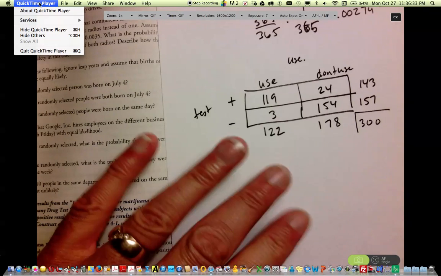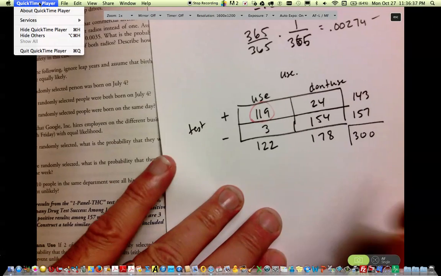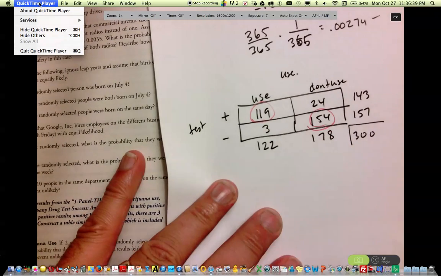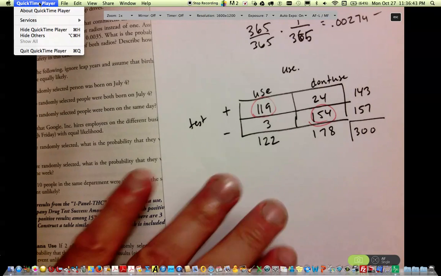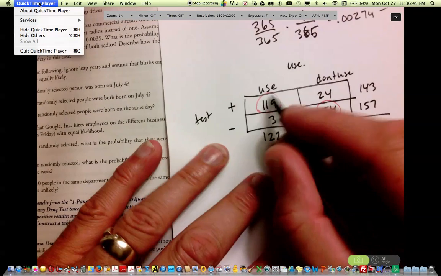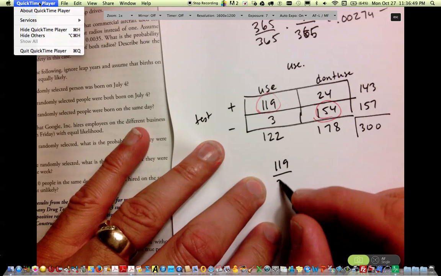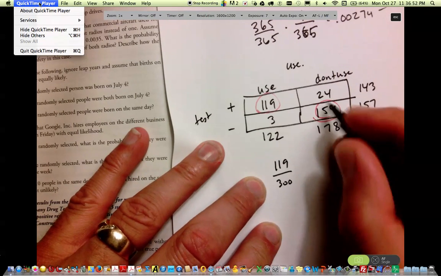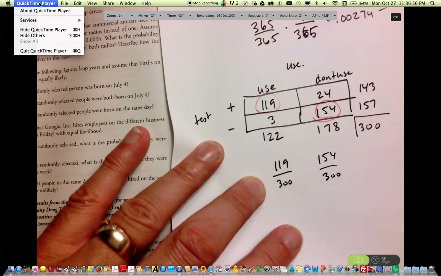Those people are going to be the ones that use drugs and test positive, and they're also going to be these people down here that don't use drugs and test negative. The probability of being in this first group is 119 out of 300. The probability of being in this group is 154 out of 300.